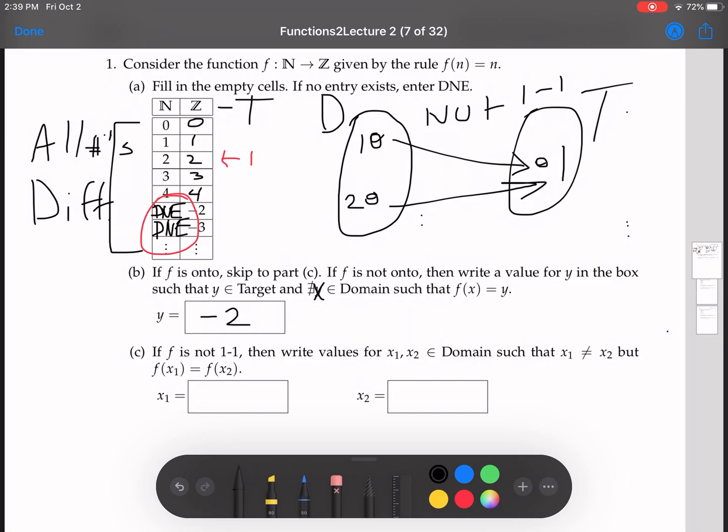And we'll see examples of that coming up soon. But in this example, we don't have this situation here at all. Two inputs going to the same output, and so it is one-to-one, and so we skip that part.